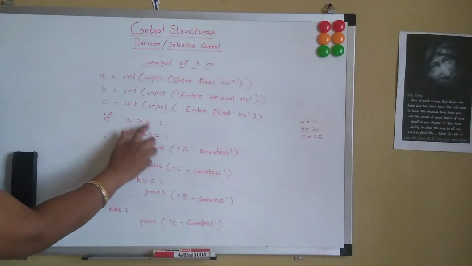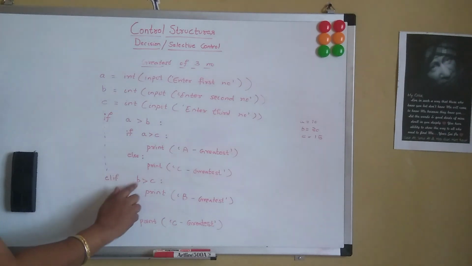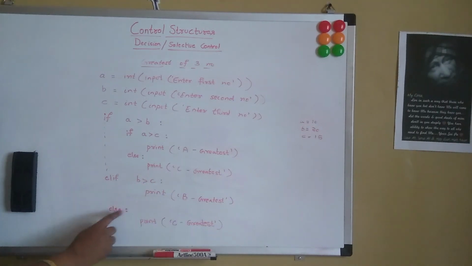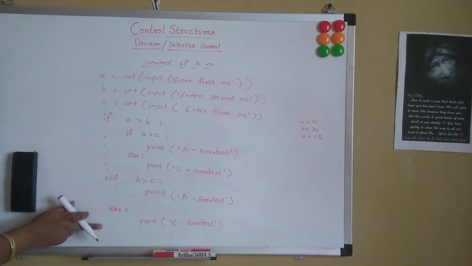If A is not greater than B, it will come to the elif condition and check if B is greater than C. If B is greater than C, it will print B greatest, else it will print C as the greatest number. So this is a very good example of nested if and if, elif and else statements.